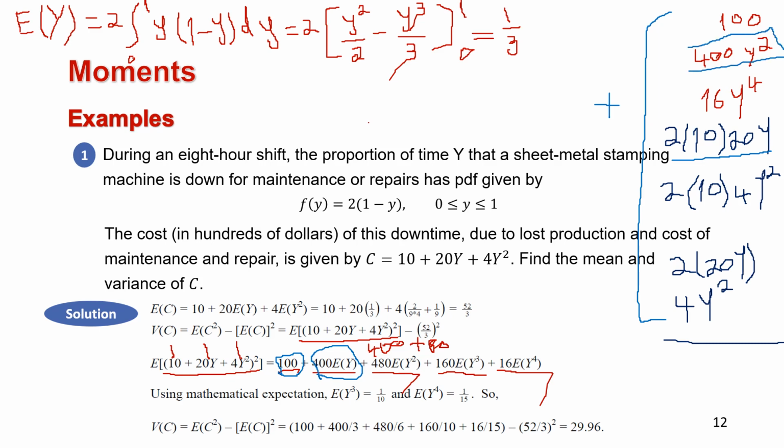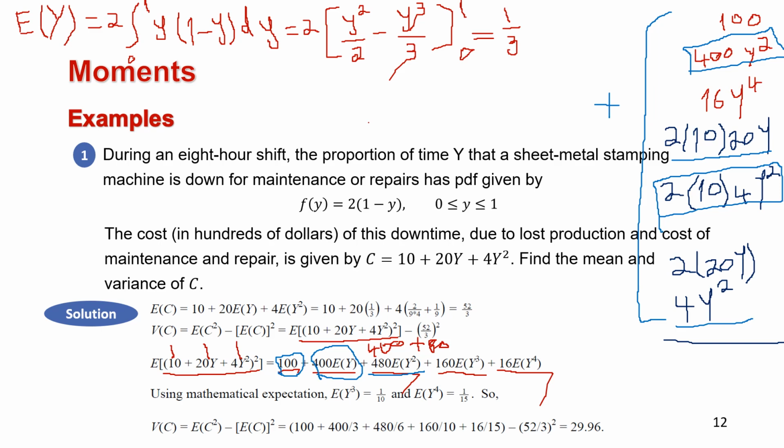And then for the coefficient of y square, we add this term 400y square plus this term 80y square, and then we got 480y square.